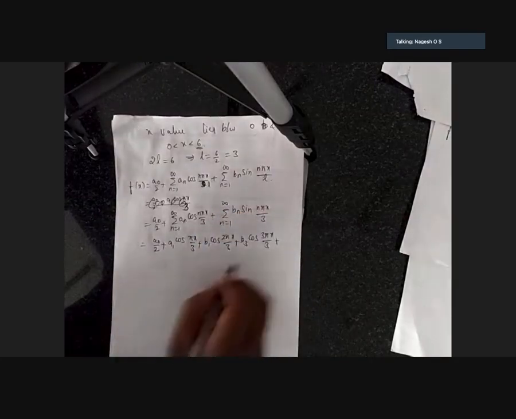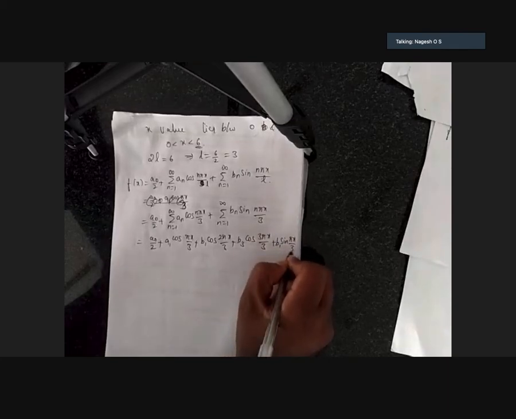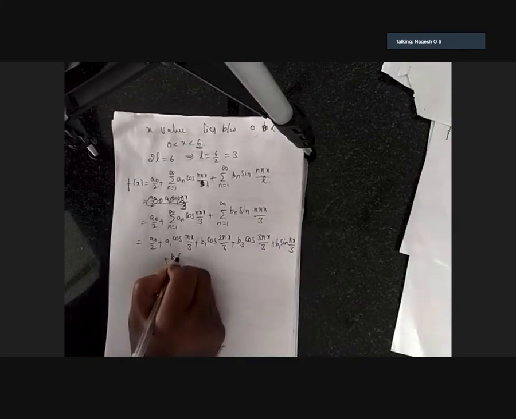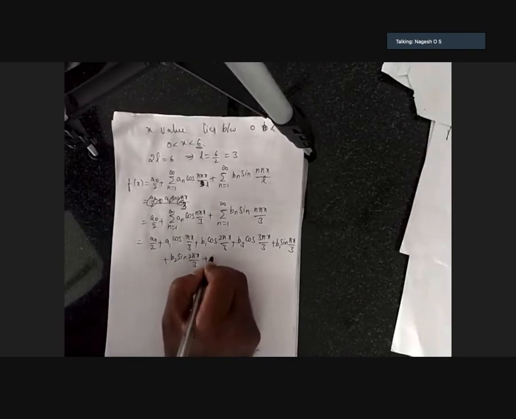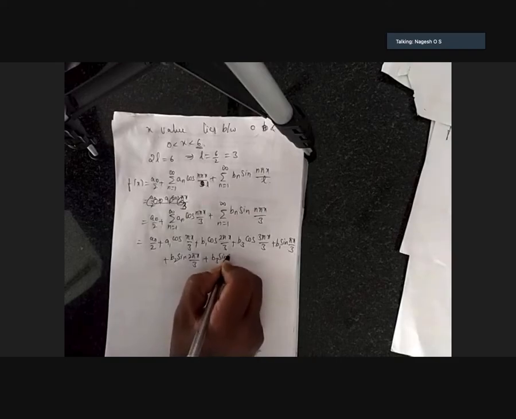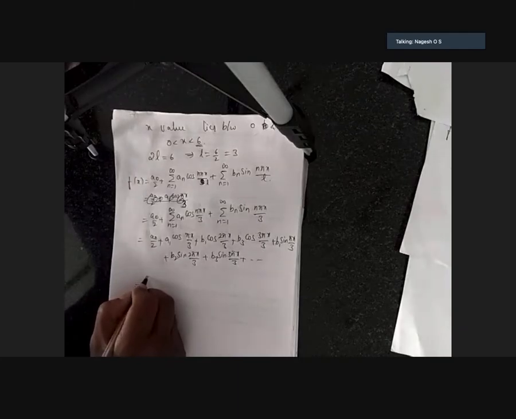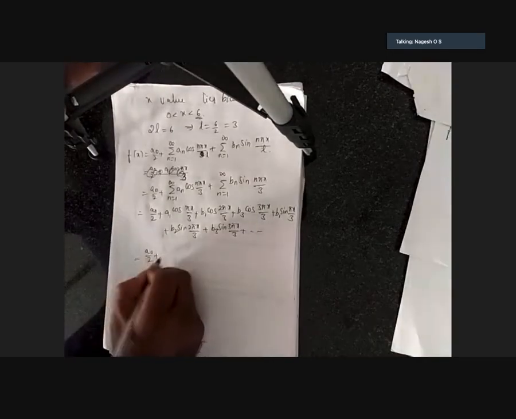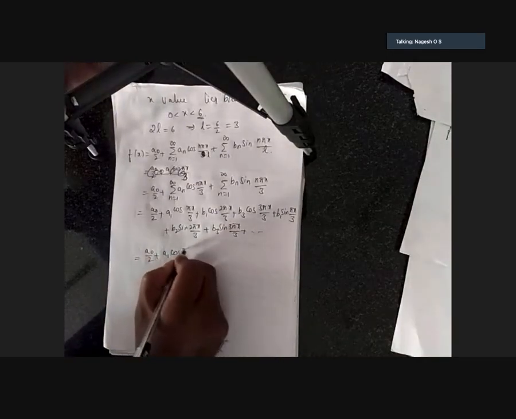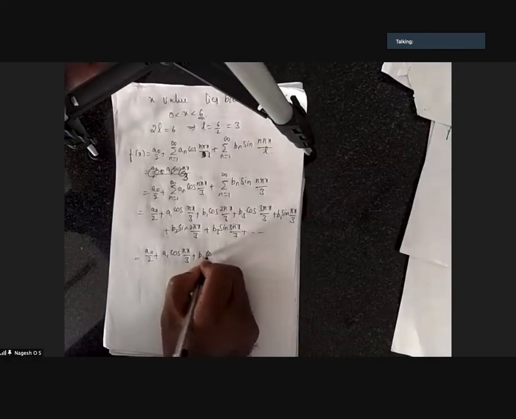Three values for this. b1 sin pi x by 3 plus b2 sin 2 pi x by 3 plus b3 sin 3 pi x by 3, so on. Group the terms. Group a1 with b1, a2 with b2.